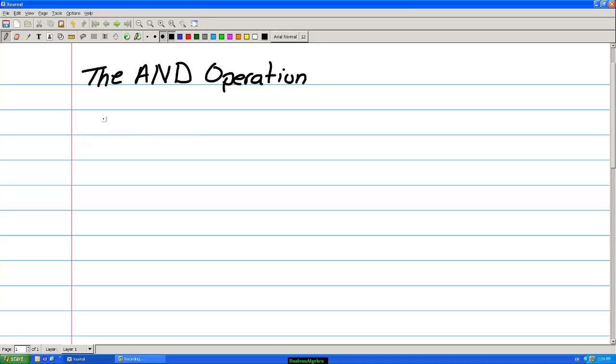If we have two logic variables A and B, and we want to know what the result X is, and we're ANDing them together, this dot here is the symbol for multiplication, and we can use a truth table again to define the rules for the AND operation.